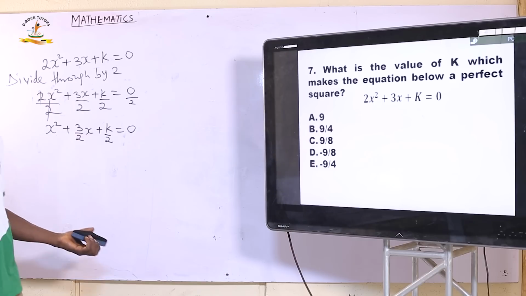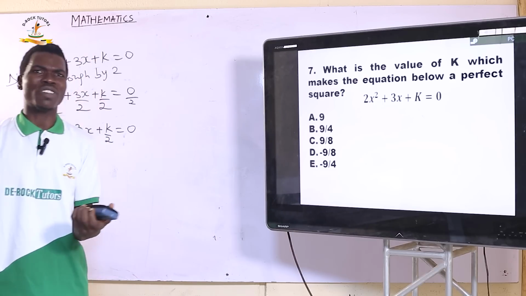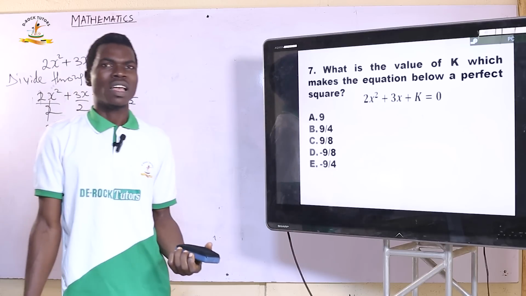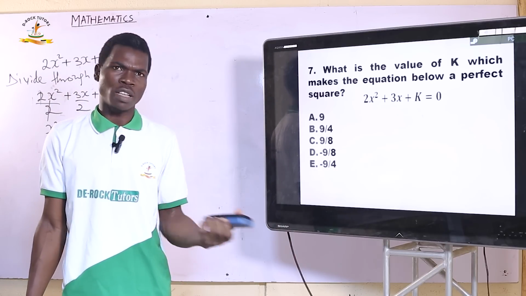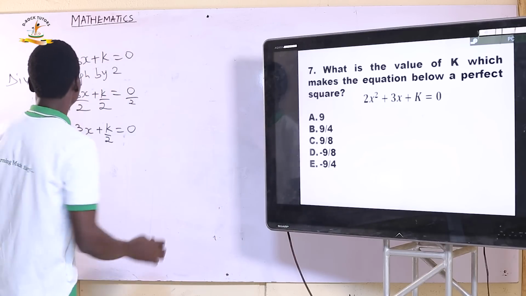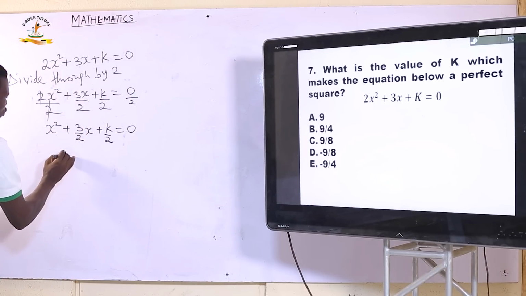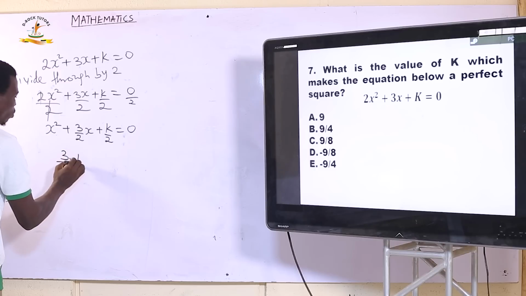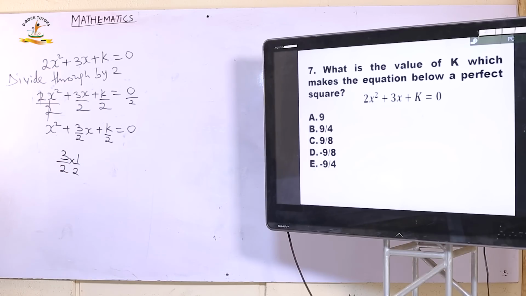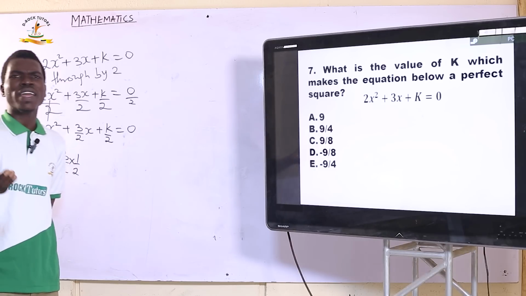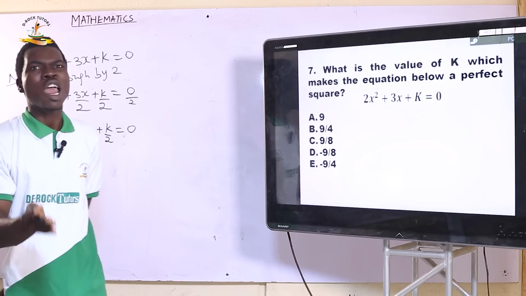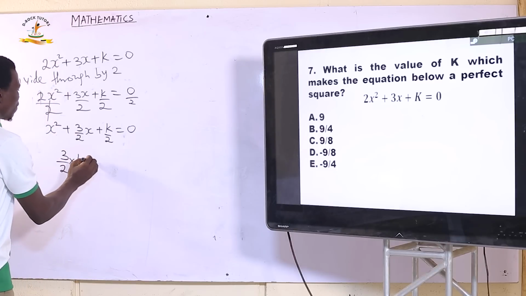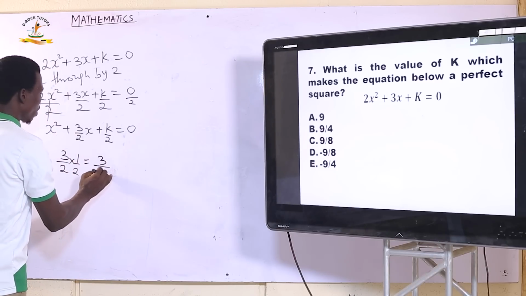And now what next do we do? We now bring out the coefficient of x. We bring out the coefficient of x, we divide that coefficient of x by 2, then we square, then we add here. So we're going to bring out the coefficient of x, which is 3 over 2. We multiply it by 1 over 2, or in another word, we divide it by 2. If you divide the fraction by 2, it's as good as saying multiplying the fraction by 1 over 2. So we're going to have it as 3 over 4.